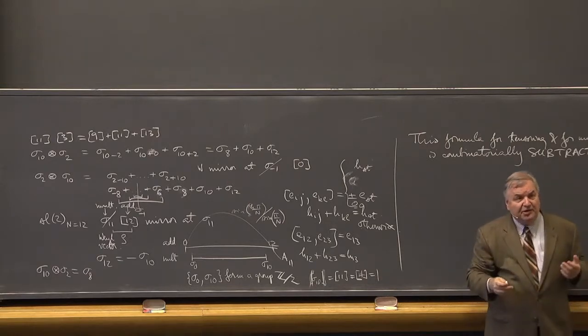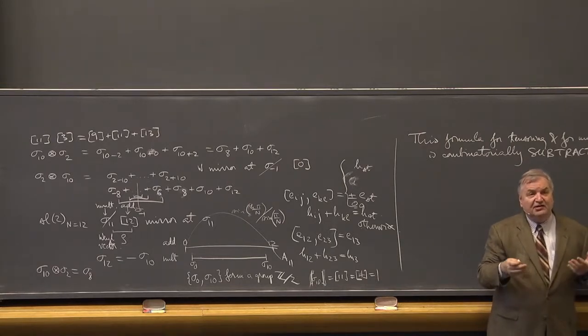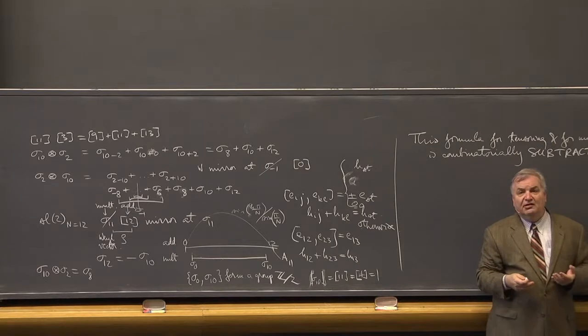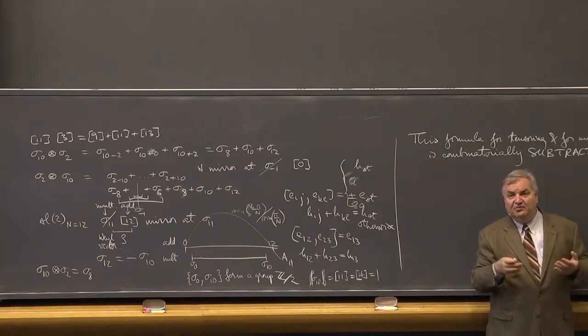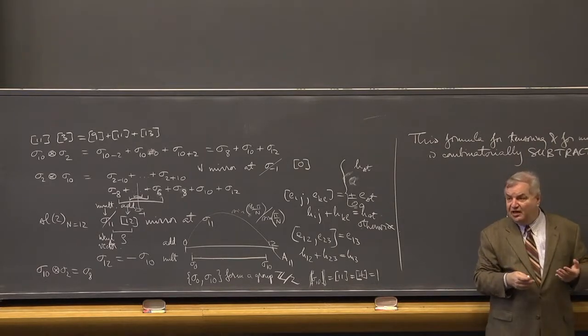Which is bad. It means that it gives you the result as a sum of very big things with alternating signs.